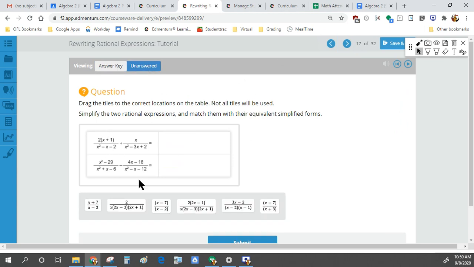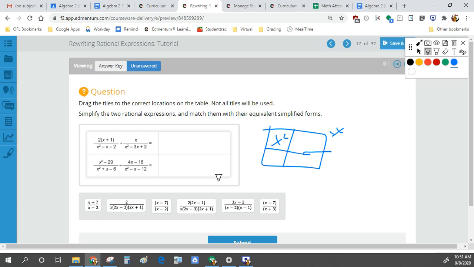So here, I'm going to factor the bottom. I'm going to do these really quick, guys. Again, if you need help factoring these, make an appointment with me and I can show you guys how to do the box method first. If you guys are having trouble with the box method, it's going to be really hard doing the work from here on out. So this is x.